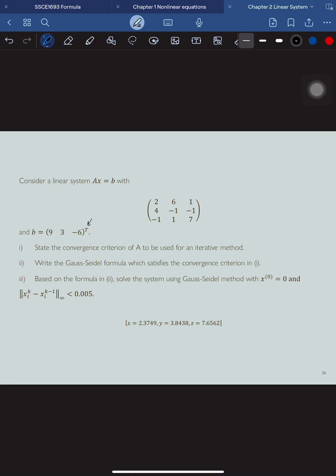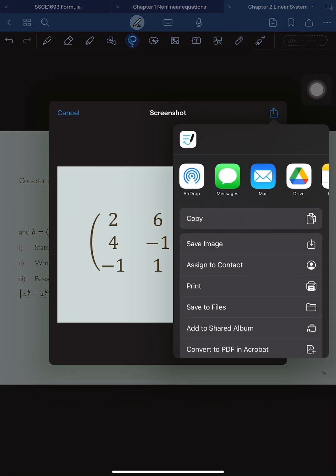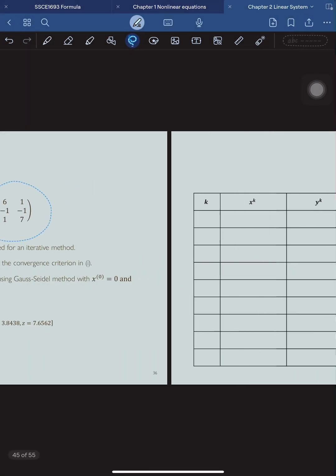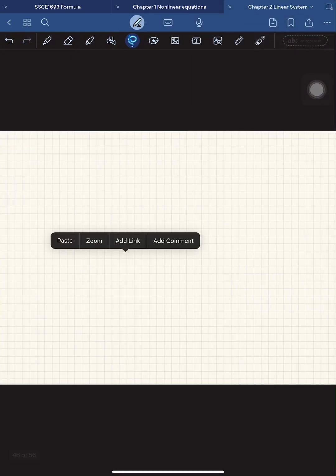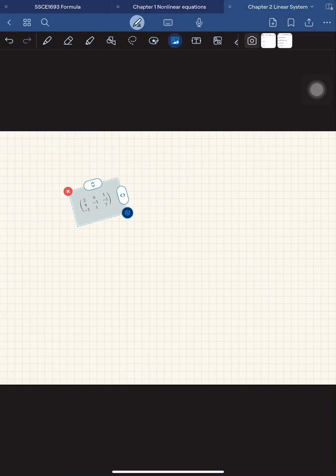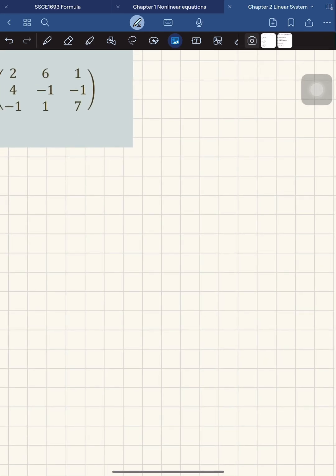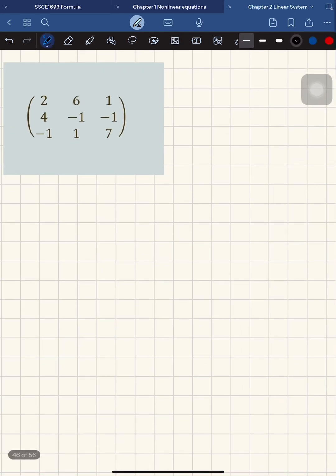Alright, okay. So first we need to check the SDD. We need to check the SDD first.